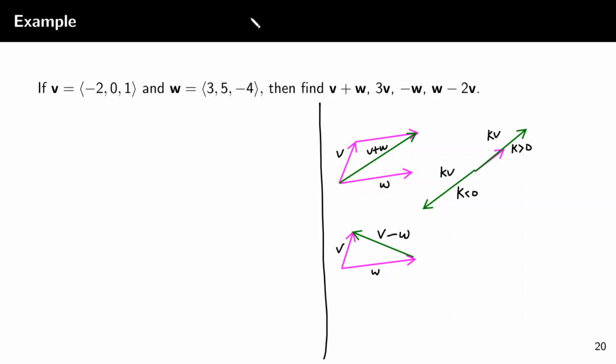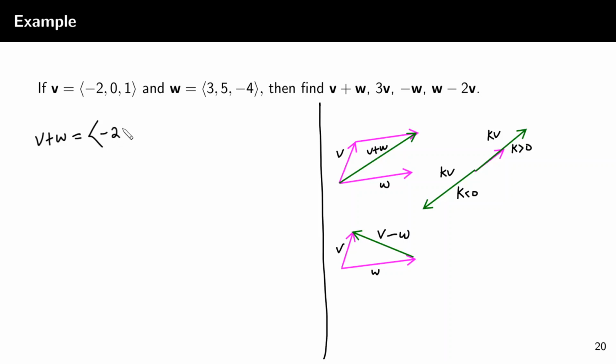Ngayon, sagutan natin itong example na to. We have V with components negative 2, 0, and 1, and W with components 3, 5, and negative 4. Okay, this is just a simple exercise. V plus W is just the vector where we add the respective components.